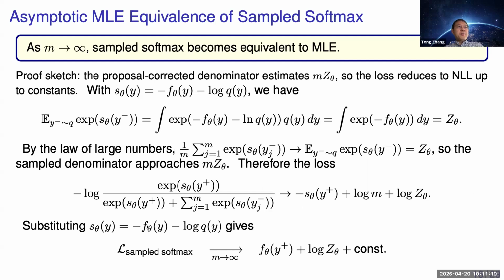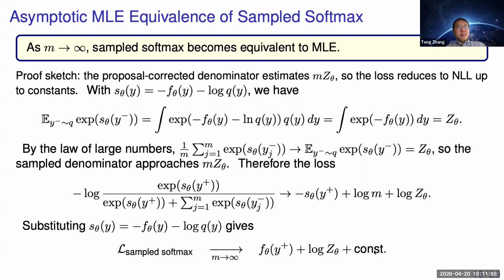Then you are using the sampled softmax, so this term becomes log q plus this term. The constant means it doesn't depend on theta.